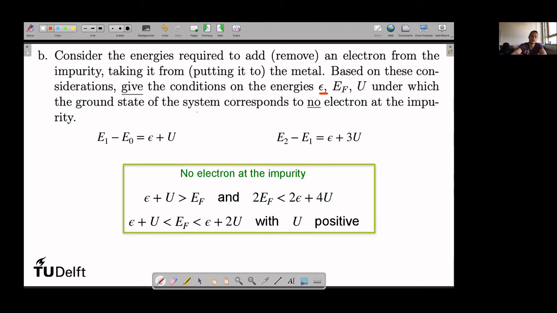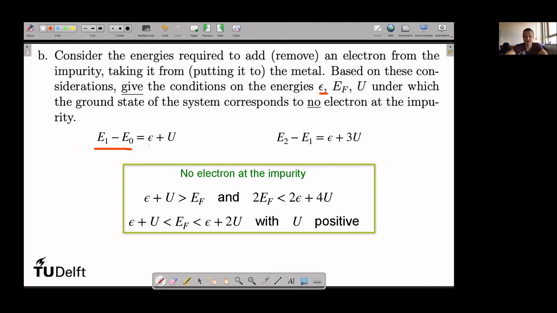So we first look at the energy difference, E1 minus E0, which describes the energies at the impurity level. So we look at the singly occupied impurity minus the energy of the zero. It's quite natural, we've seen it before.